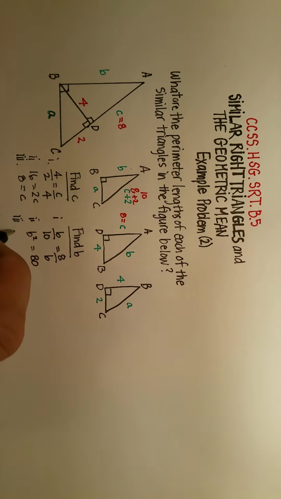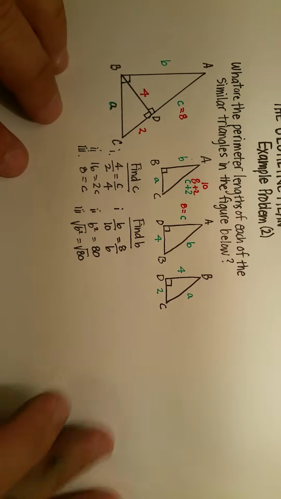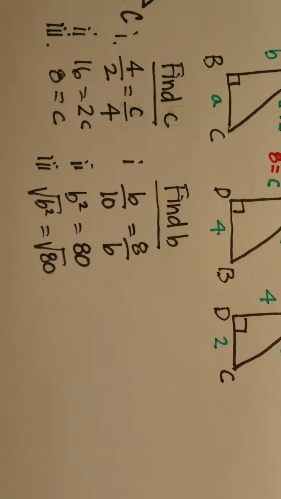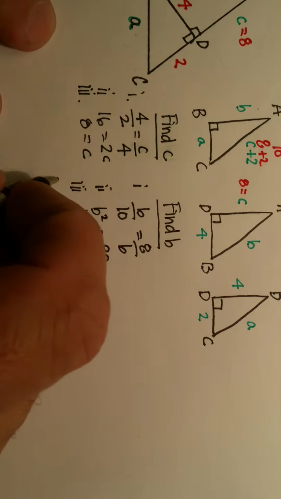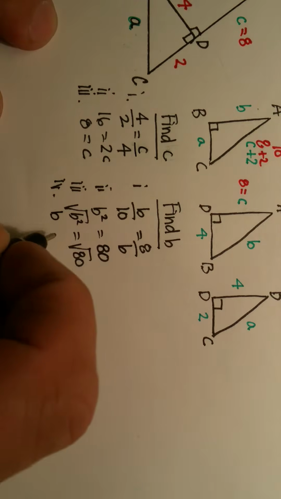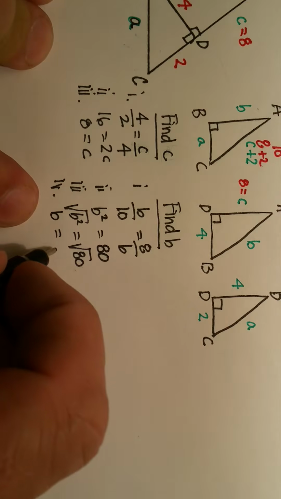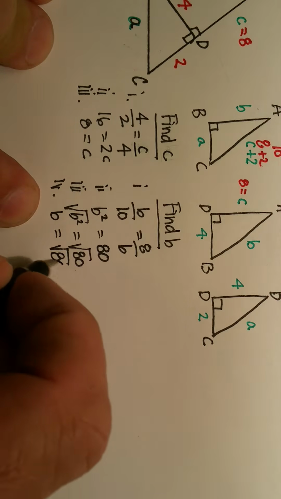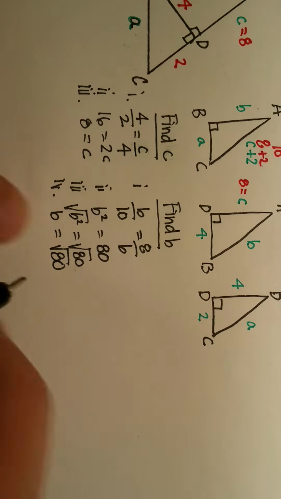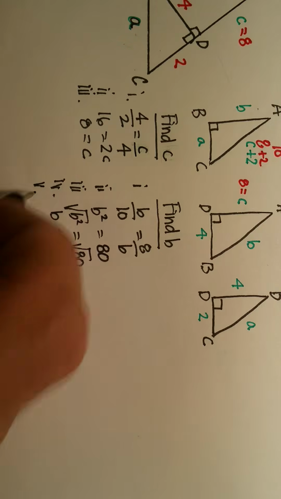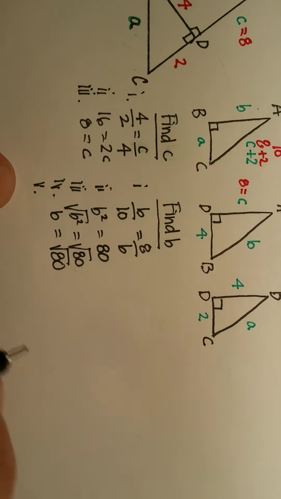And take the square root of both sides. Let me just make this a little bit bigger so you can see it. Gives me B is equal to radical 80. Now again, we can go ahead and break down radical 80. Let's see if we can do that, because I can find perfect squares in here.